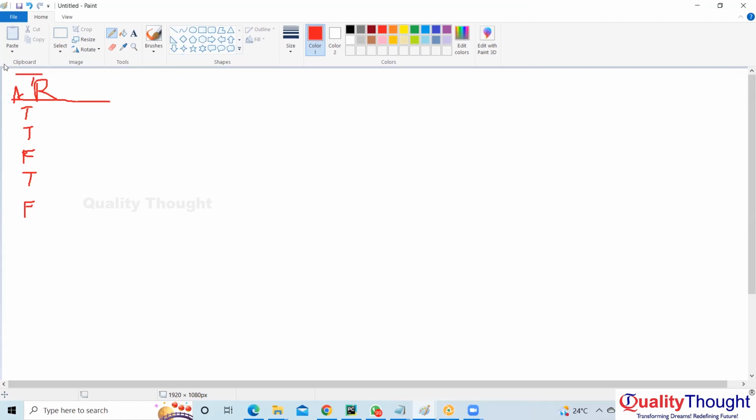Don't provide the Y value, just provide X train. So this is the actual in training, and this is the prediction on training. This is true, this is false, this is true, this is true, and this is false. So this is your actual. Then you count how many.